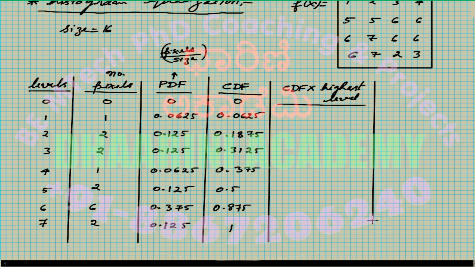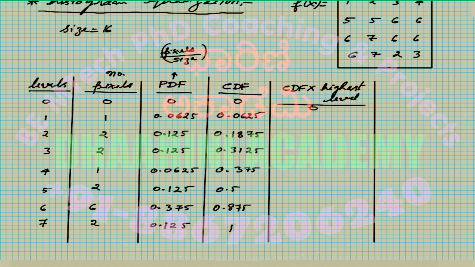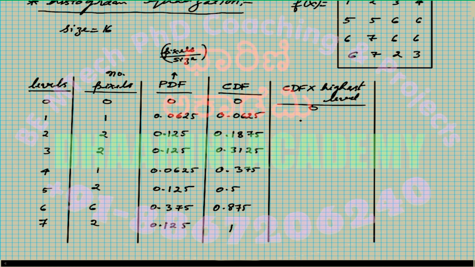I can see that in my image, the highest level is 7. So I should multiply by 7 each of the values. So the first row is 0, so 0 into 7 is 0. Then I just have to calculate, okay? 0.0625 is the first element. Multiply that by 7, right? You write whatever value you get.